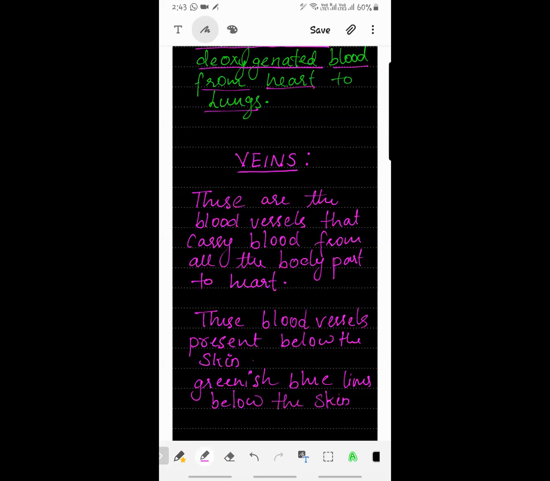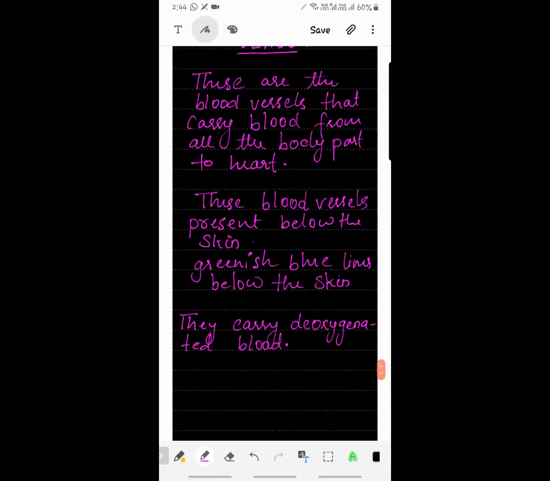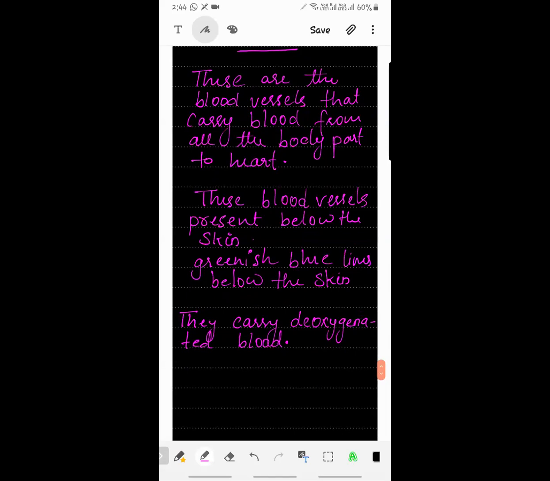Can you see? In hand, in body, wherever you can see. Mostly you can see in the hand. Can you see green color lines? Yes, that is a vein. What will they carry? They are meant to carry deoxygenated blood. The greenish color is because of the skin, but it should be bluish green.